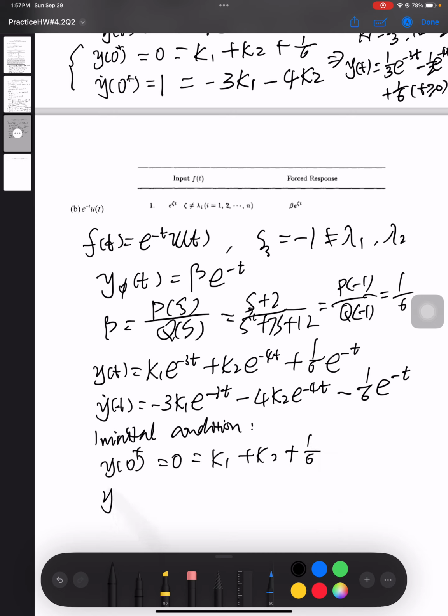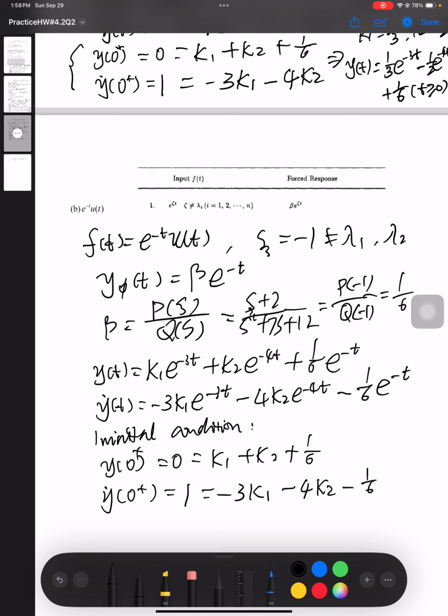And the derivative of y equals 1, which is minus 3 k1 minus 4 k2 minus 1 over 6.